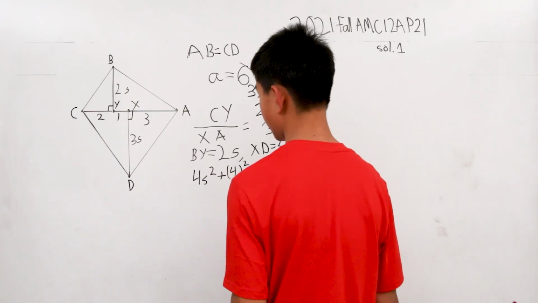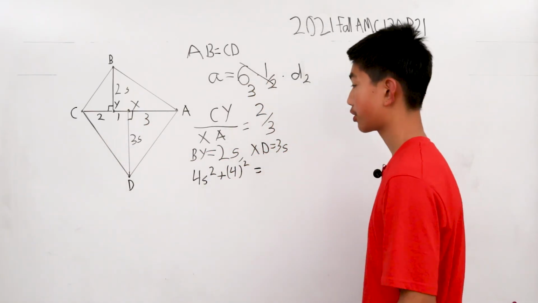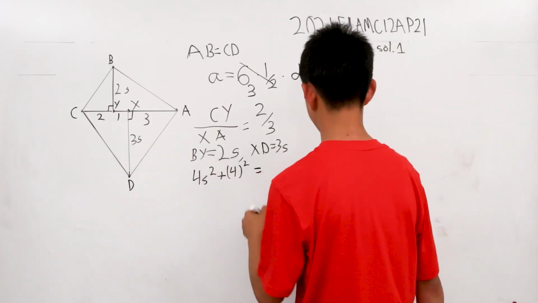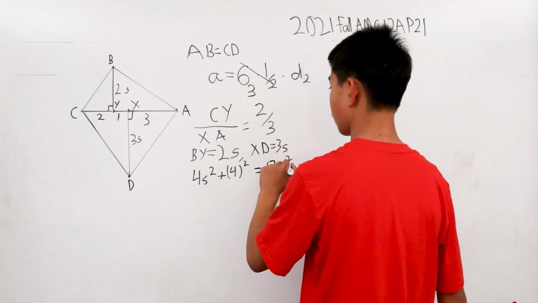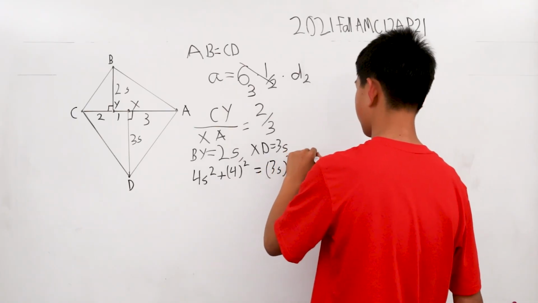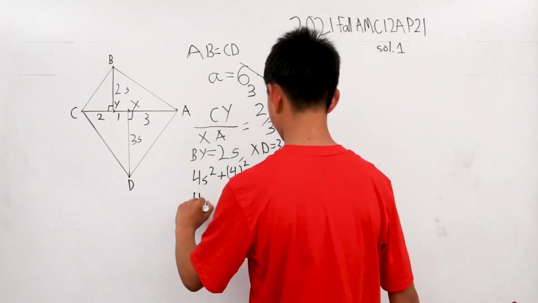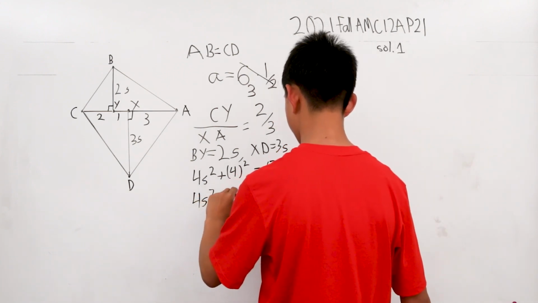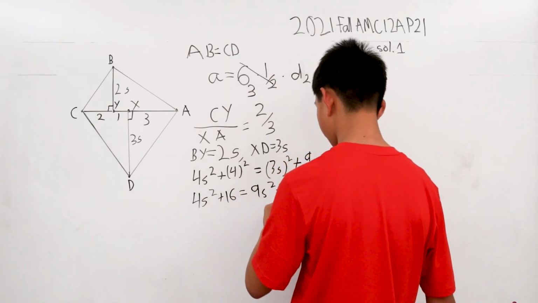Now for DC. 2 plus 1 is 3, so that's going to be 3 squared plus 3S squared, plus, this is just 9. So we know that this is 4S squared plus 16 equals 9S squared plus 9.